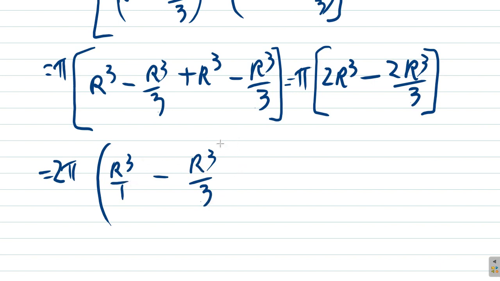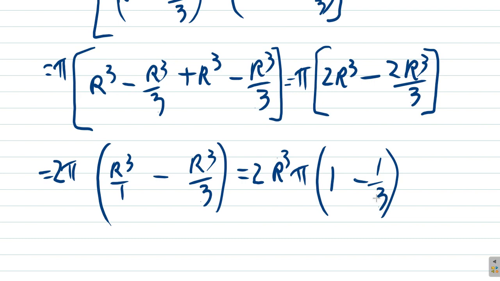If we factor out the r cubed now, we get 2 r cubed times pi times 1 minus 1/3. What is 1 minus 1/3? 1 is the same as 3/3, right? 3/3 minus 1/3 gives you 2/3. So you have 2 times 2/3 r cubed pi.